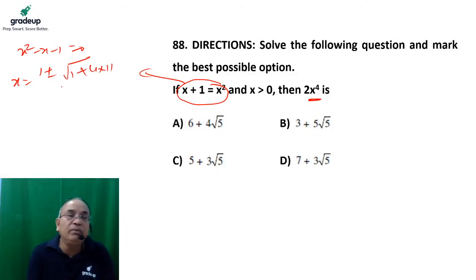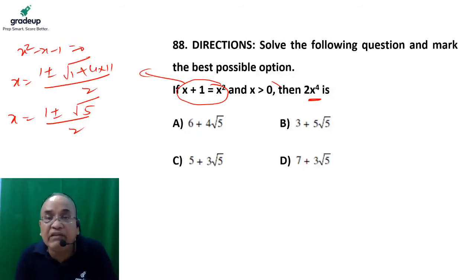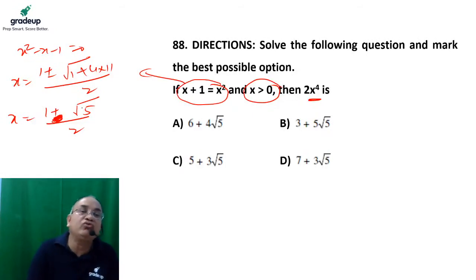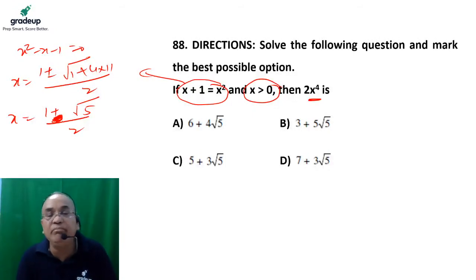So minus minus will be plus, by 2. So the value of x would be 1 plus minus what? Root 5 by 2. Because it is given that x is greater than 0, the negative sign will be taken away. So the value of x would be 1 plus root 5 by 2, because x is greater than 0.